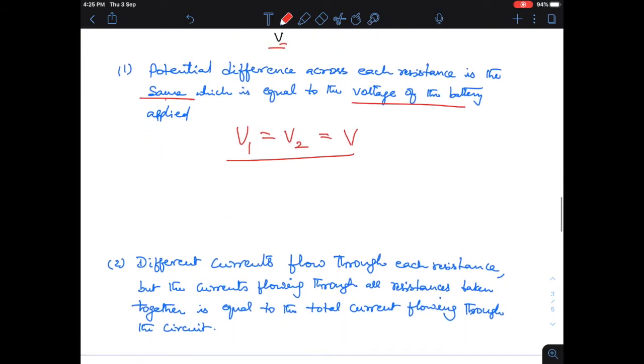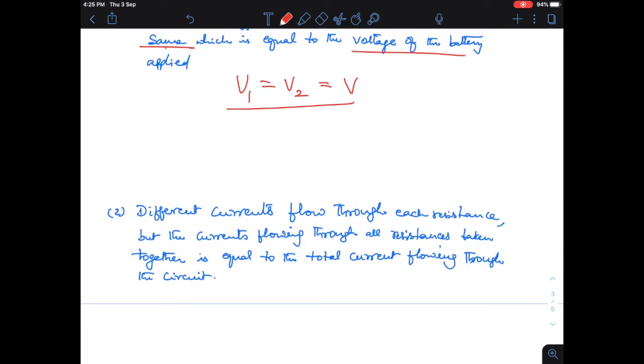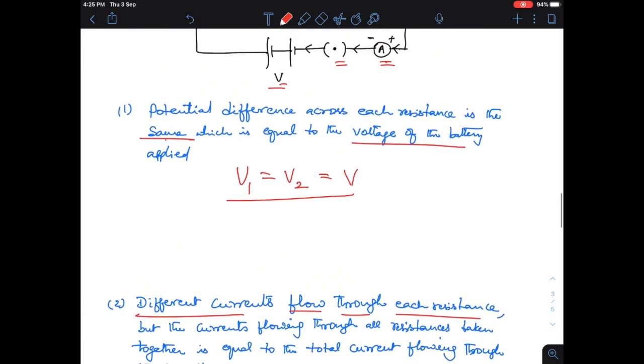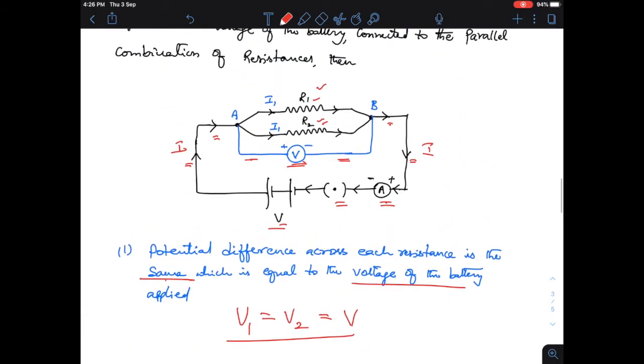Now, based on the second point, let us see. Different currents flow through each resistance, because this is a common point and here the current is getting divided. So, here the current is I1 through R1 and here the current is I2 through R2.